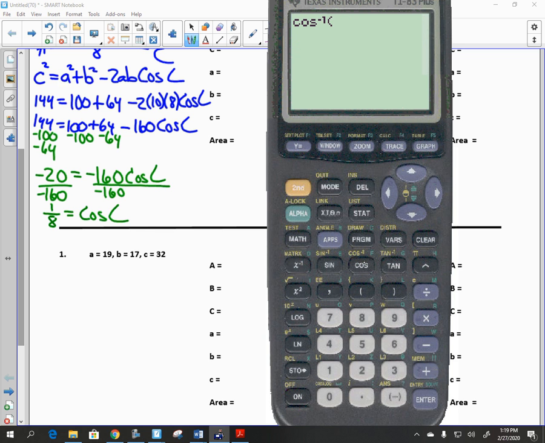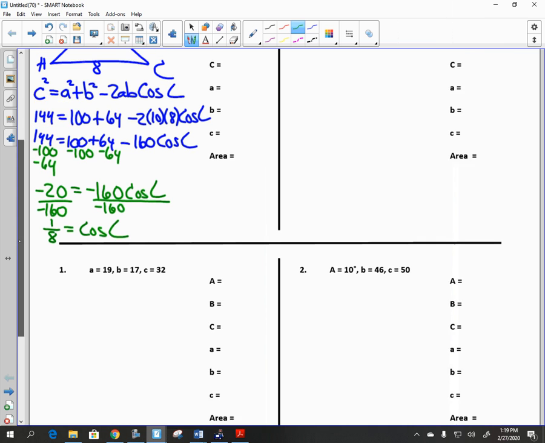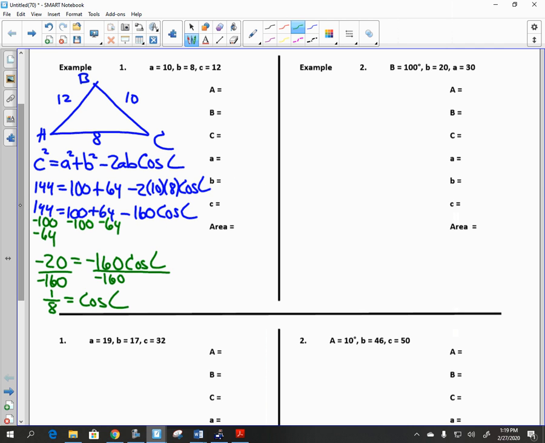Cosine inverse of 1 over 8. And I get 82.82.